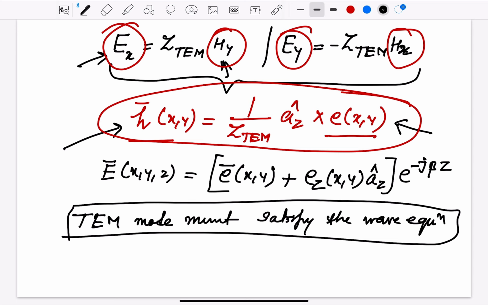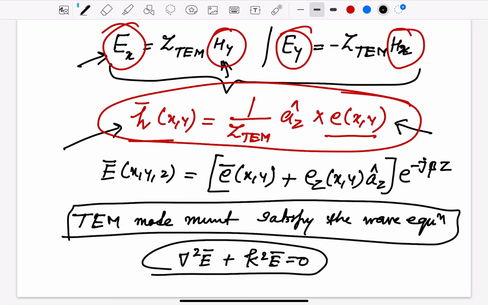So can we recall these wave equations? Yes, we know these things. This is del square E plus k square E is equal to 0, and the same is true for the magnetic field as well.